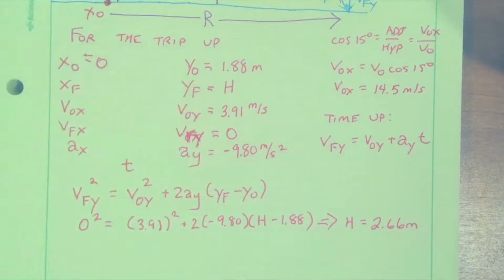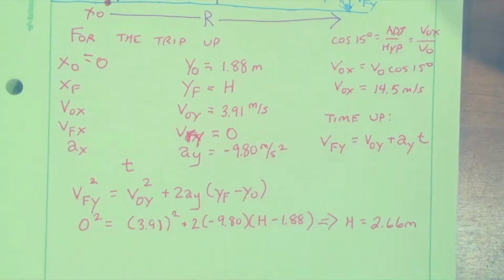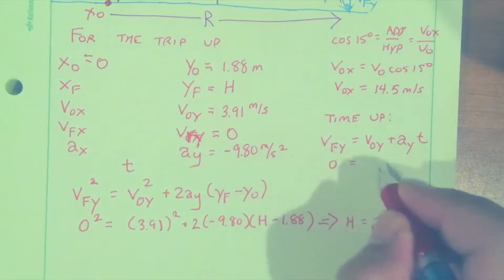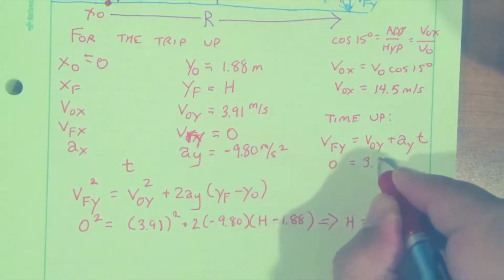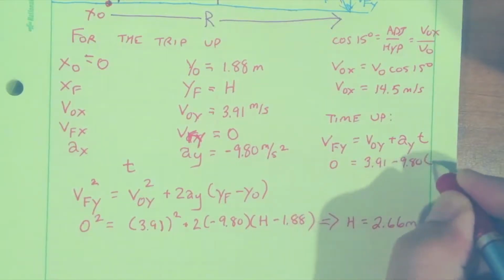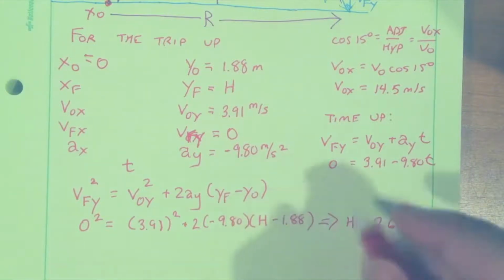We only care about the y motion. Didn't put a subscript on t because t is a scalar quantity. It doesn't have x and y components. Once again, the final y velocity is 0. The initial y velocity is 3.91. And the acceleration is minus 9.80.